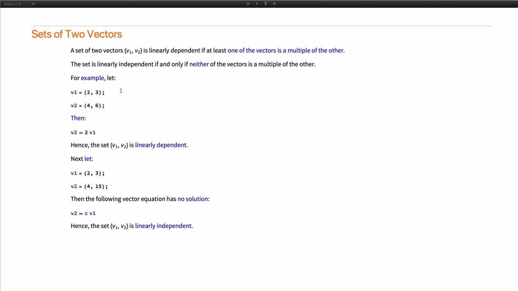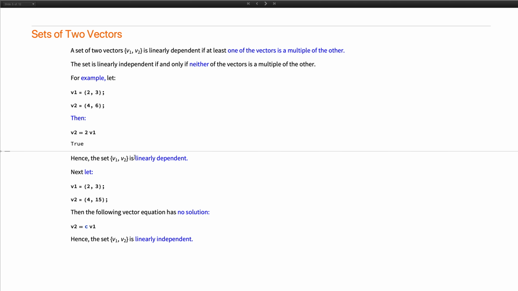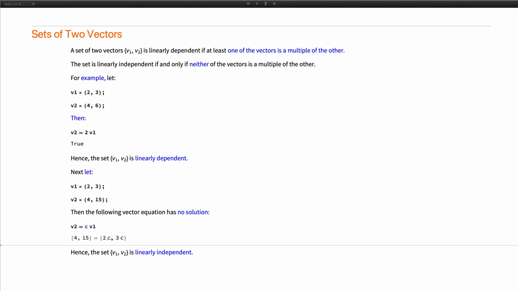For example, here you've got v1 equal to 2, 3 and v2 equal to 4, 6. Clearly v2 is twice v1, and hence this set is linearly dependent. On the other hand, if you take 2, 3 and 4, 15, then the equation for linear dependence has no non-trivial solution, and hence the set is linearly independent.